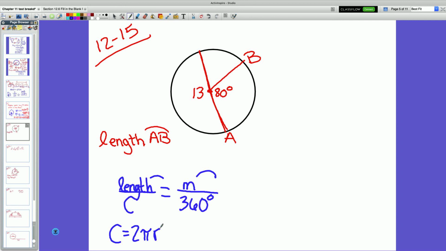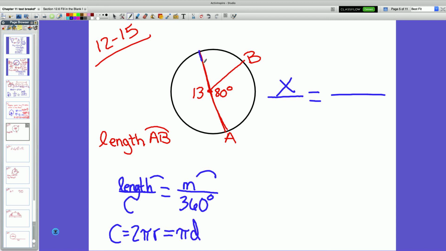Again, your x is going to be in different places, but the solving part remains the same. I'm looking for the length of the arc, so that's my x in this case. My circumference is 2 pi r, or pi d.